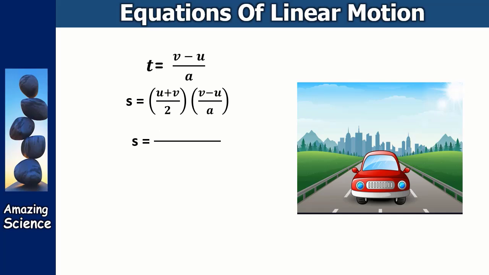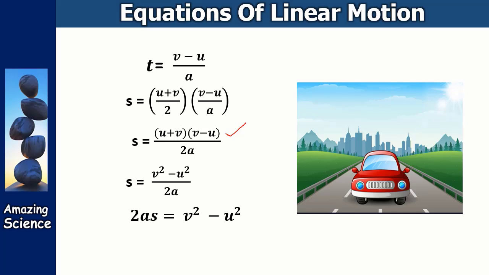Now we are going to get s is equal to, in brackets, u plus v multiplied by v minus u all divided by 2a. We have to observe immediately that the numerator is a difference of two squares, and if we simplify it by removing the brackets, we are going to get v squared minus u squared. And so the expression is going to give us s is equal to v squared minus u squared divided by 2a. And by rearranging, we are going to get 2as is equal to v squared minus u squared.